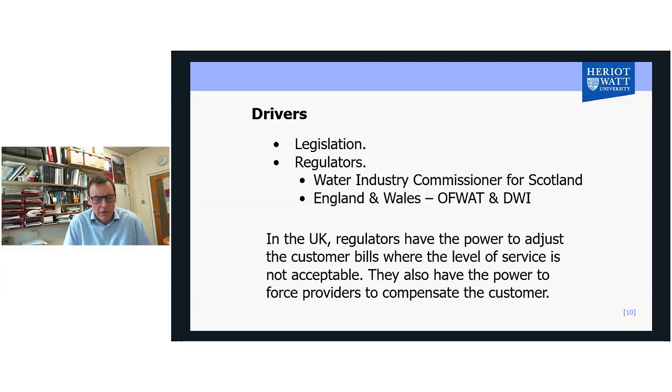So we have legislation and regulators to make sure networks are operated properly in the UK and in other countries. Just like with sewage systems, regulators have the power to adjust customer bills where the level of service is not acceptable. They can also have the power to force providers to compensate customers.